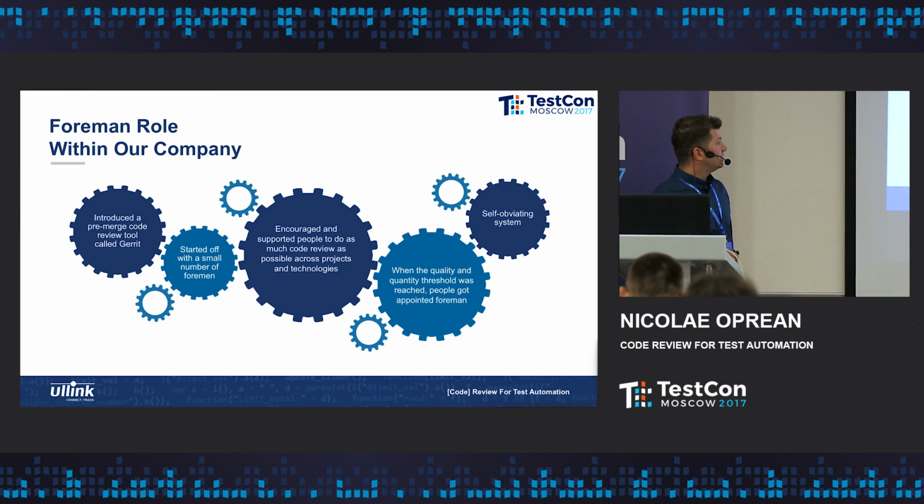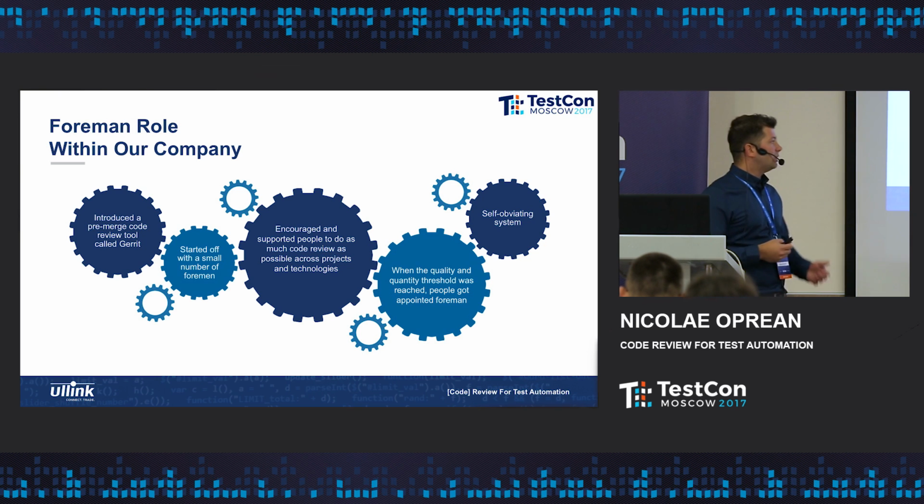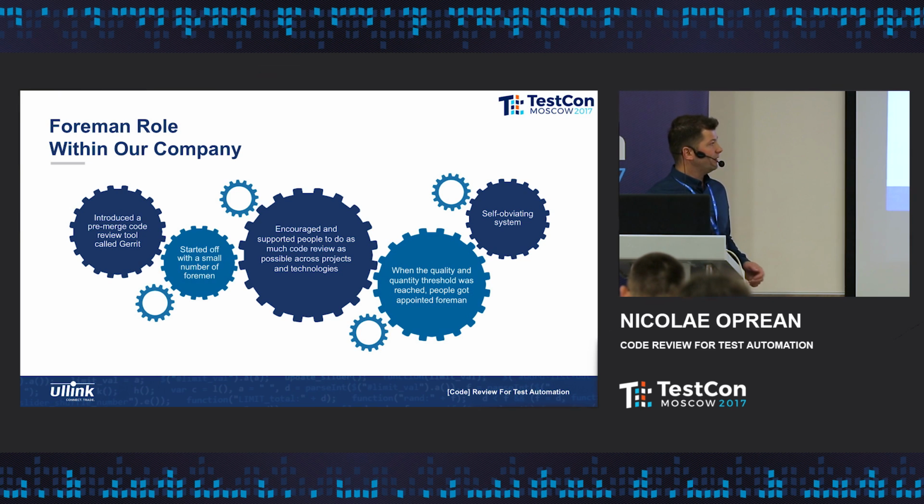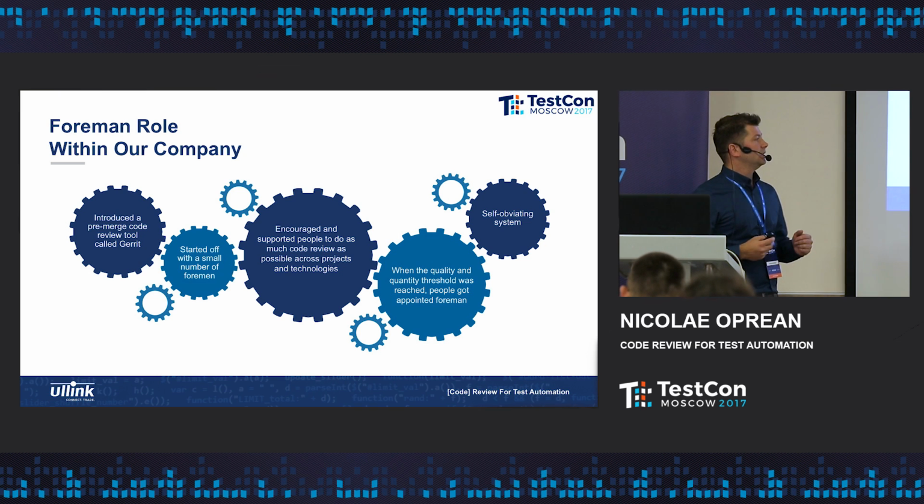We encourage people to do as much code review as possible across different projects, not only the one that you are working on and not only the extension you are working on, to have a better view over all of the others. Then when a quality and quantity threshold was reached, people got appointed foremen.